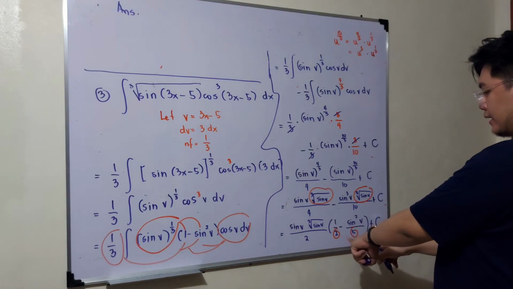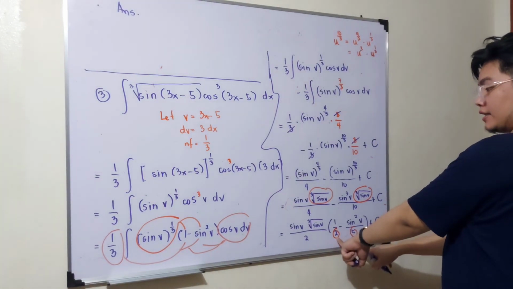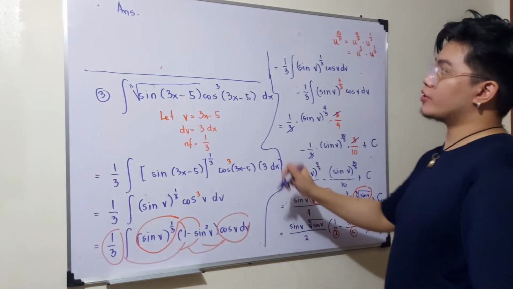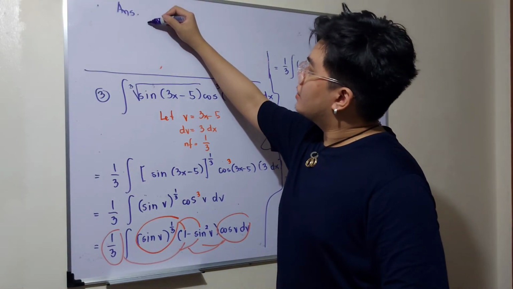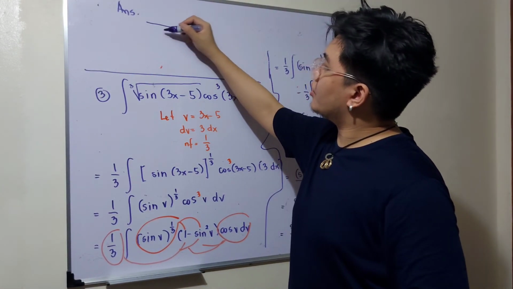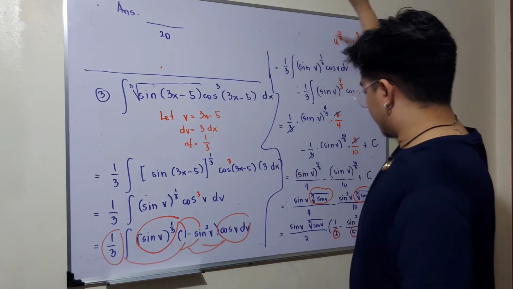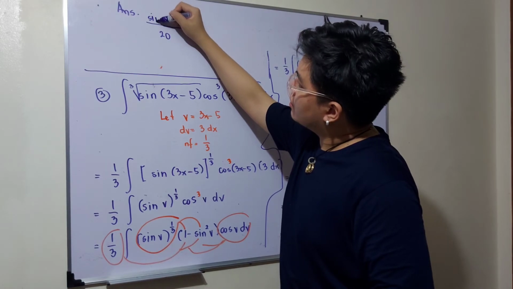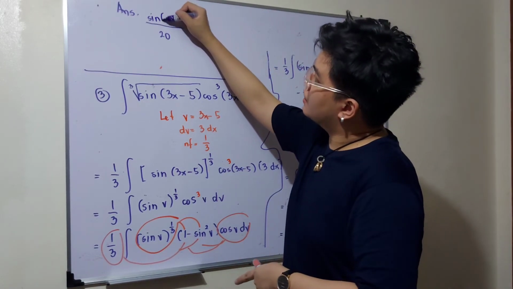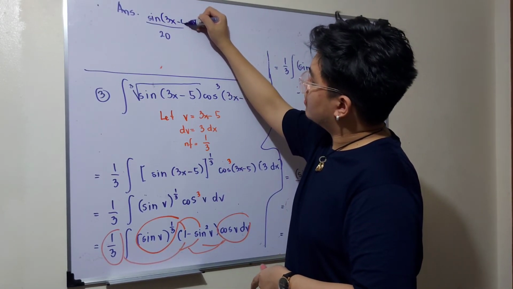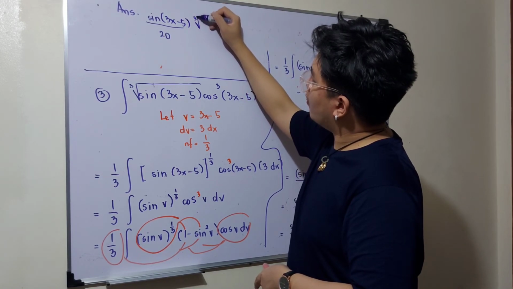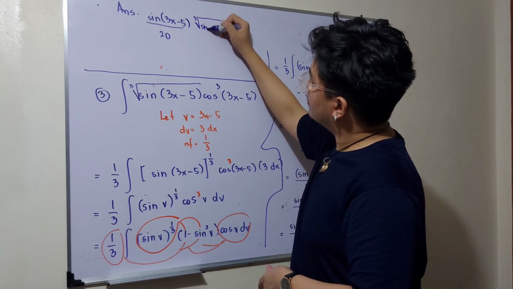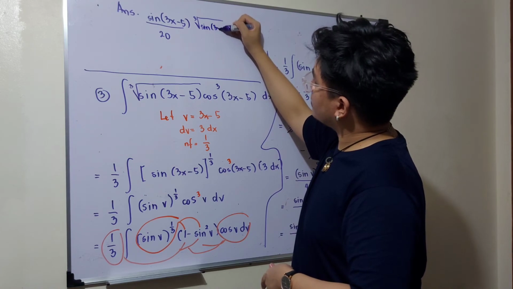Then, 10 yung kanilang LCD, tapos multiply mo doon para mapunta sa labas. So we have here over 20. Tapos sine V, and then cube root of sine 3x minus 5.